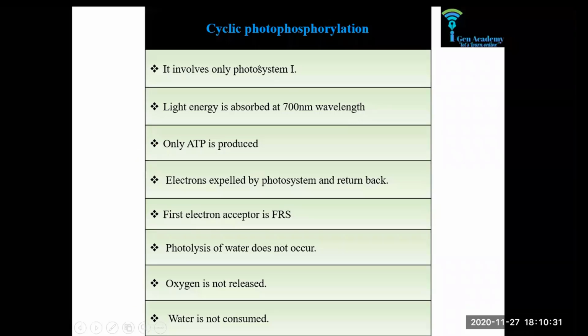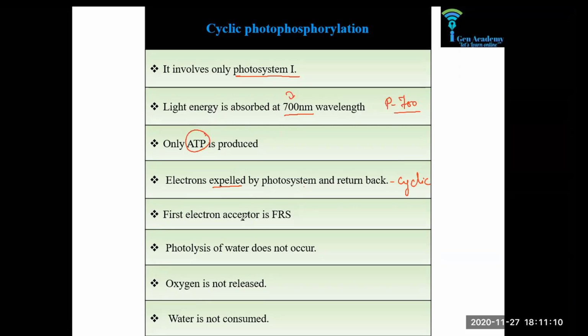Let us have a quick recap of what cyclic photophosphorylation is. It involves only photosystem 1. It has the P700 reaction center, which means it absorbs light at a wavelength of 700 nanometer. It produces only ATP as a product. The electron expelled by the photosystem returns to the same photosystem, and that's why we call it cyclic electron flow.